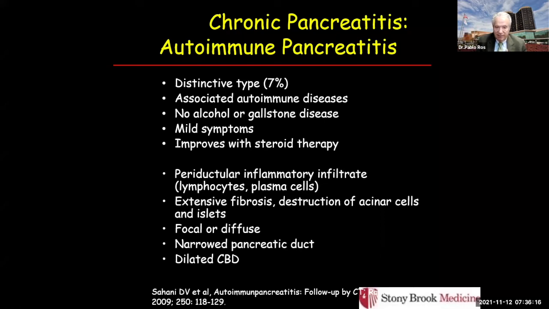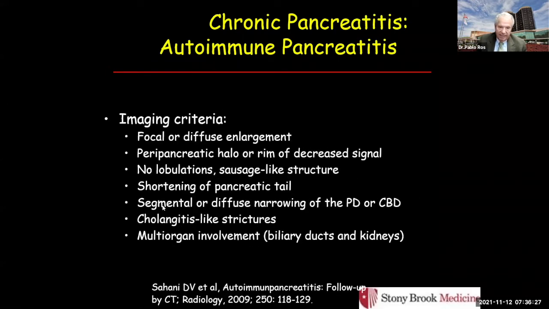Autoimmune pancreatitis can be focal or diffuse and is characterized by a narrowed pancreatic duct and a dilated common bile duct. We'll see some examples, but the imaging criteria is either focal or diffuse enlargement. But it is classical to have a peripancreatic halo or rim of decreased density around the inflamed areas.